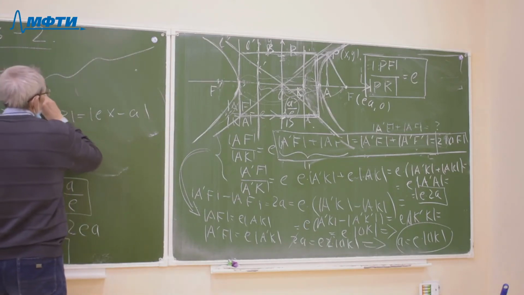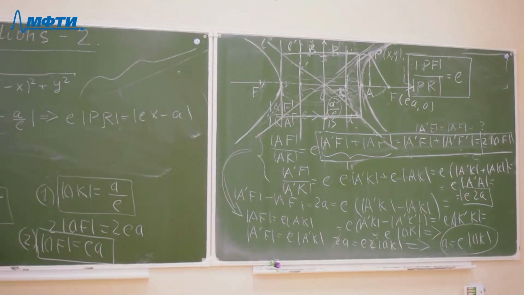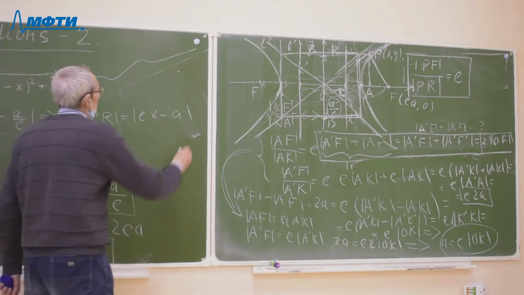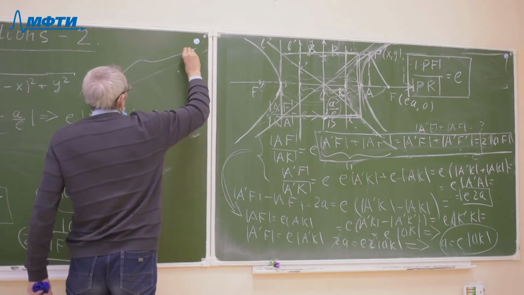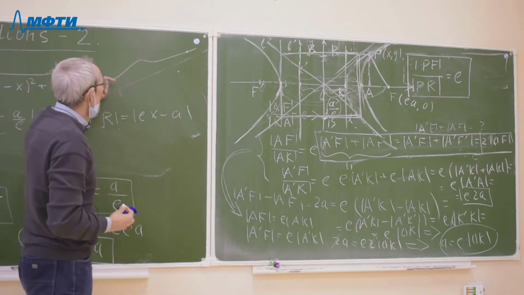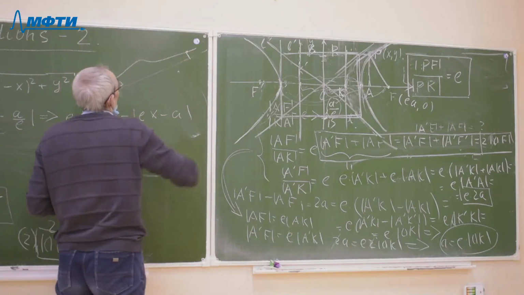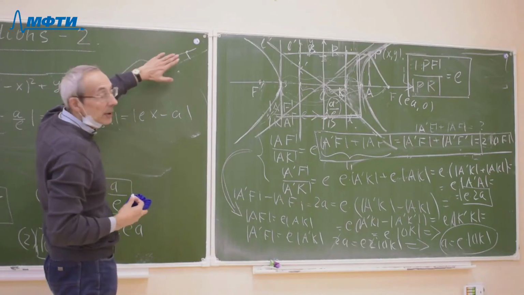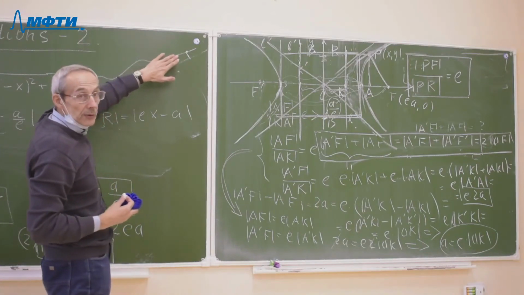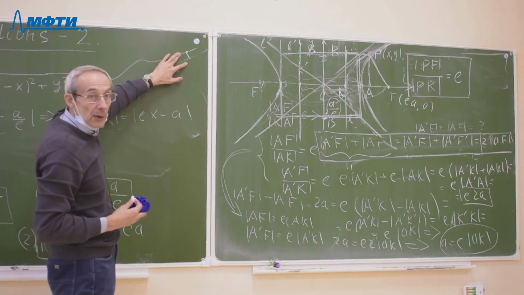The asymptote is such a straight line that the distance between this straight line and a point which moves on our curve, when this point goes to infinity, this distance goes to 0.